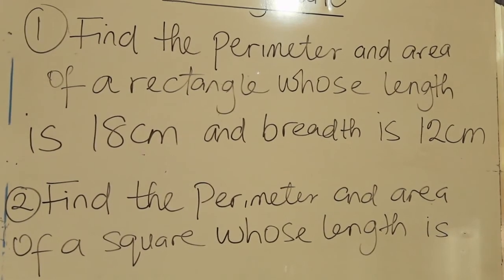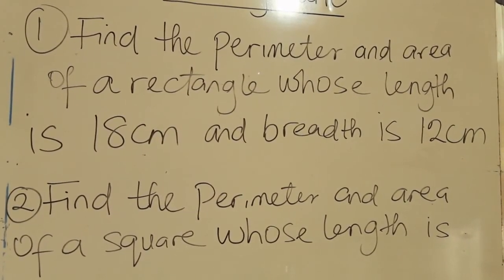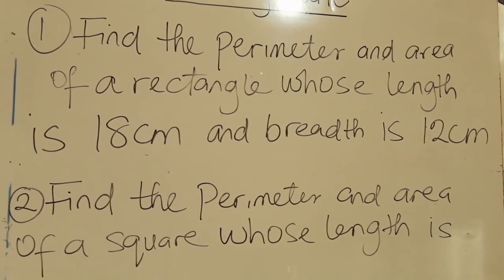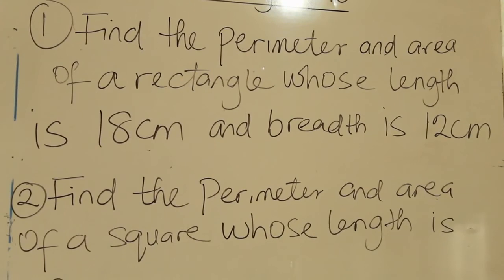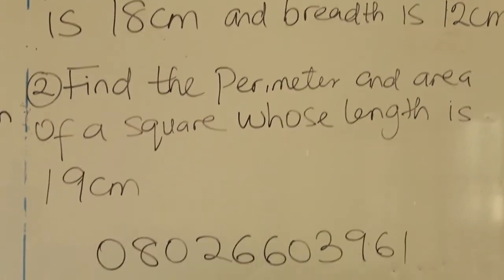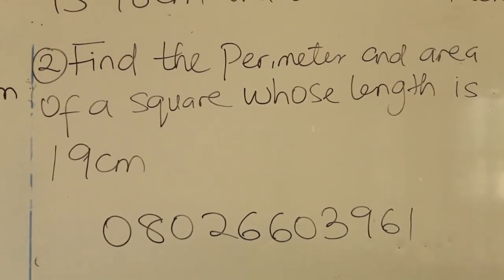Find the perimeter and area of a rectangle whose length is 18 centimeters and breadth is 12 centimeters. Question 2. Find the perimeter and area of a square whose length is 19 centimeters.